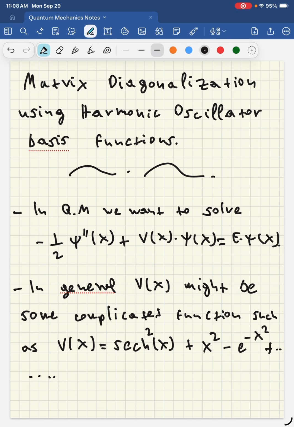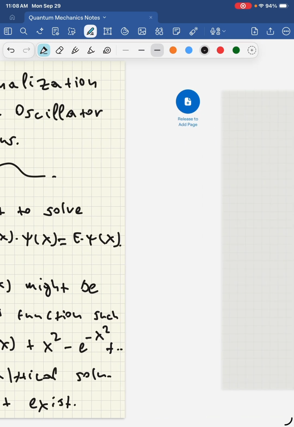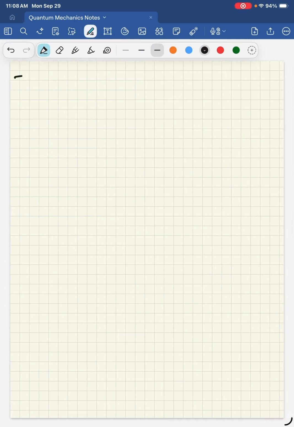So in general, for this potential, analytical solutions might not exist. Sorry. And in most cases, they don't exist. Okay, so what do you do? So what do we do?